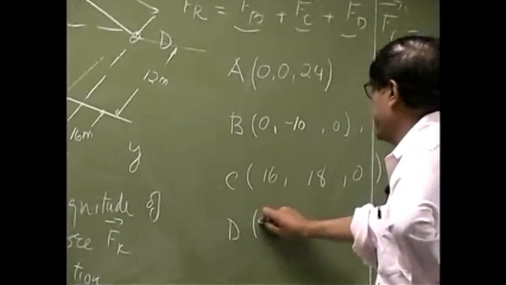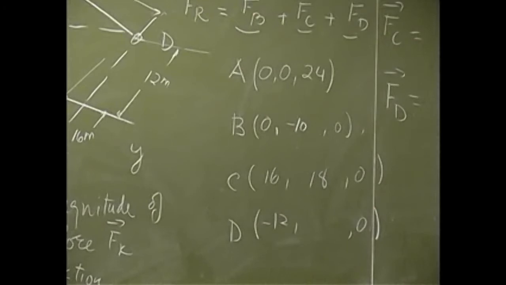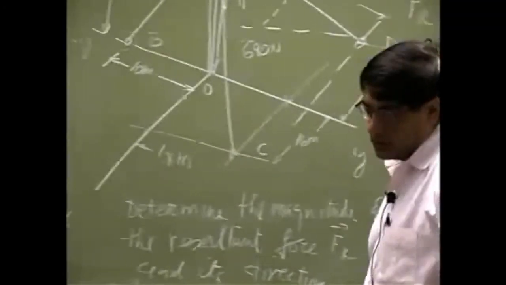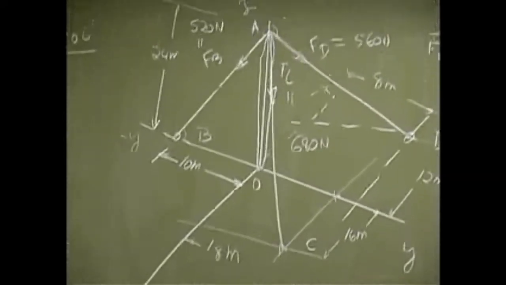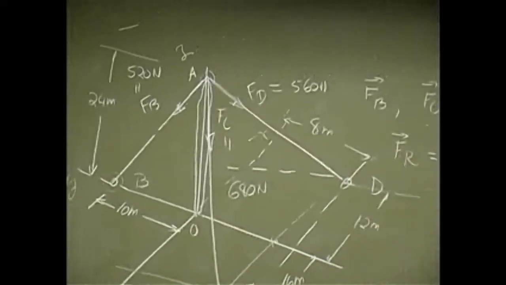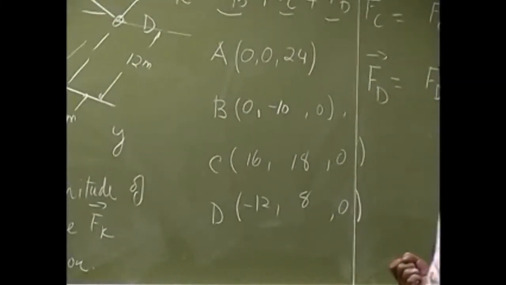So you're going to take negative 12 for the x coordinate, and then the 8, which is along the y-axis, that should give you the y coordinate. So that's pretty much all the coordinates you need to work with this problem.